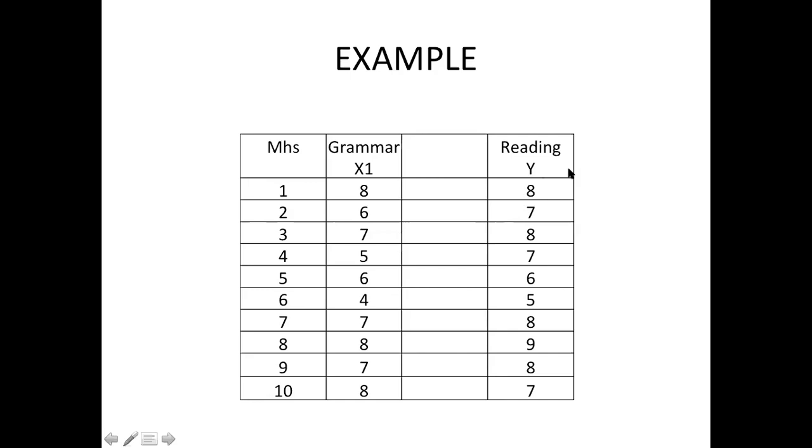After doing that, when you have the worksheet done, then you can put all the scores into the Pearson product moment formula.